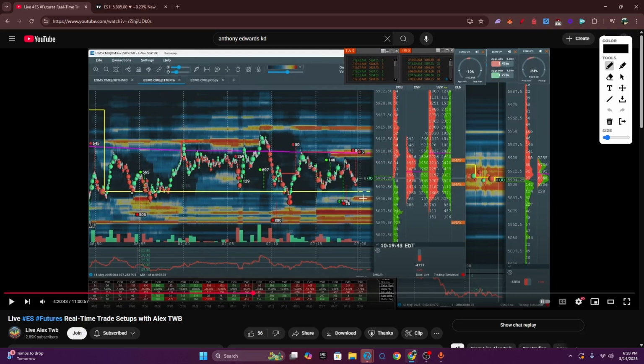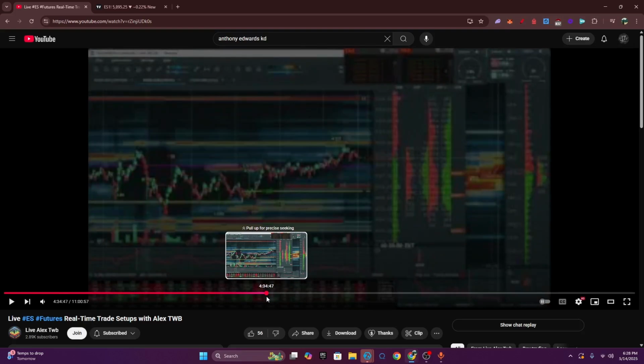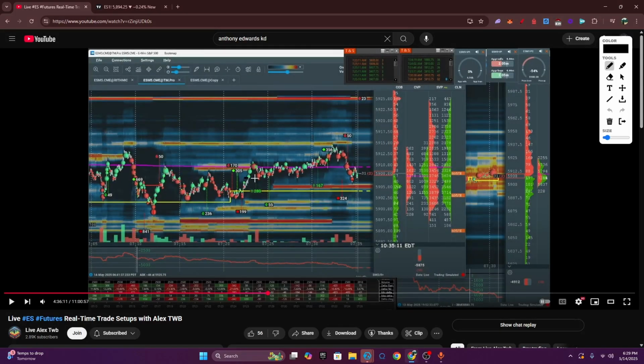But we are maintaining a strong level down at the lows. And as you notice, as we're starting to come up, we are trying to test this level, and that level is not holding. Buyers are unable to push through that level, and now sellers are coming in.